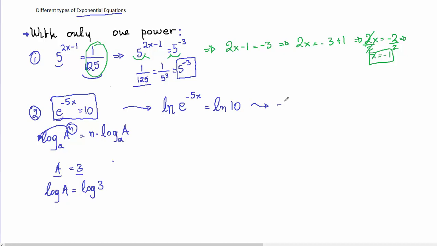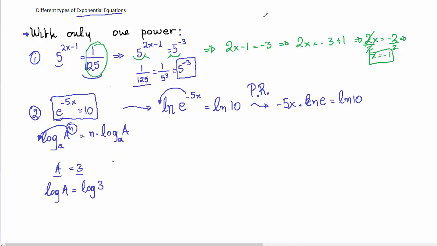So this allows me to bring the negative 5x down. The negative 5x now is going to go down here using the power rule. And I will have negative 5x times ln of e equals ln of 10.